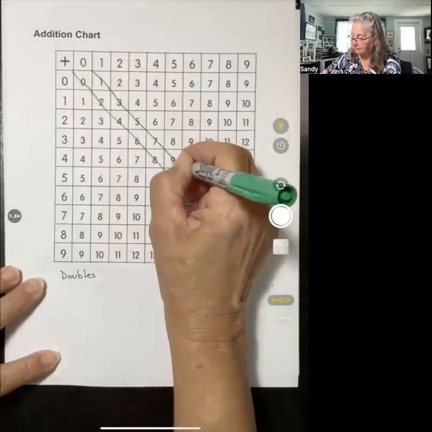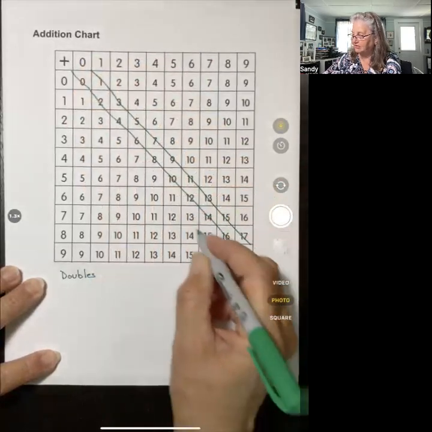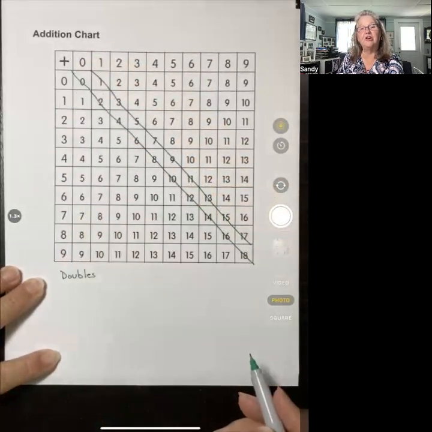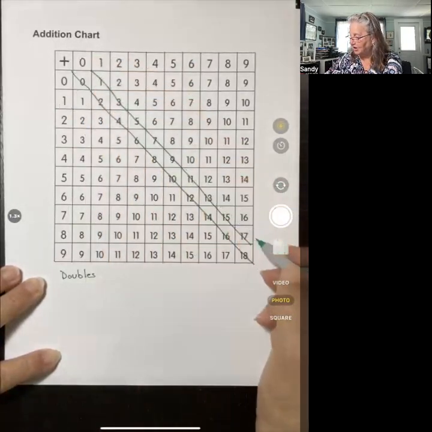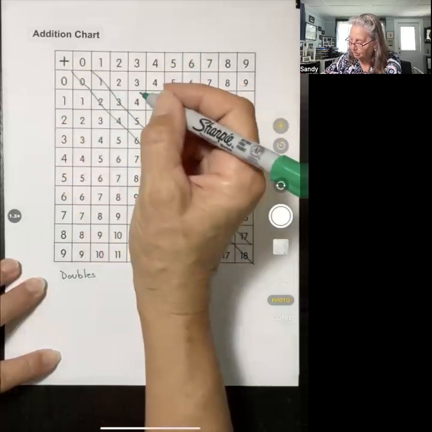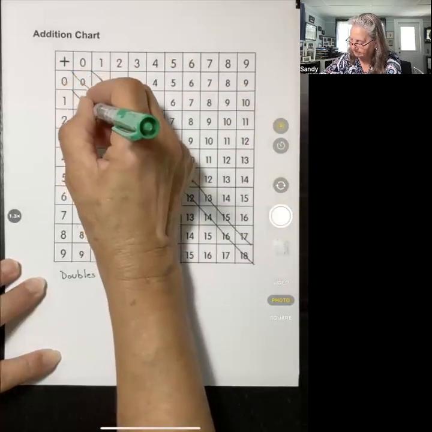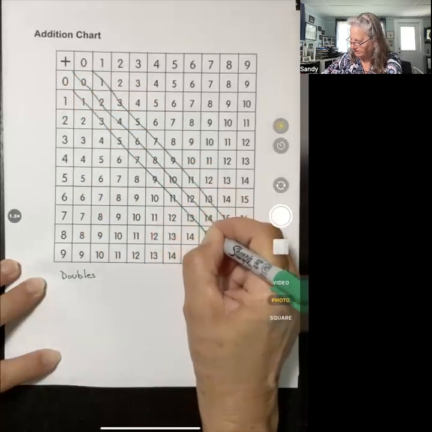And now notice the first line I drew, every single one of those was an even number. Doubles are all evens. Doubles plus 1 happen to all be odds. And if we do doubles minus 1, notice how those are odds.